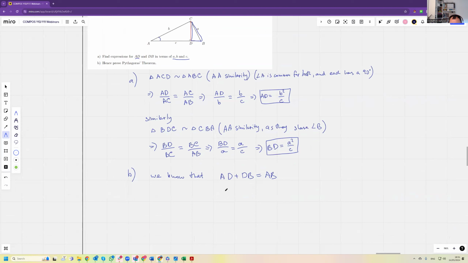AD is b squared over c plus BD, BD is a squared over c, and AB, well, that's c. Multiply each side by c, and we get b squared plus a squared equals c squared. So multiplied by c. That is the Pythagoras theorem.